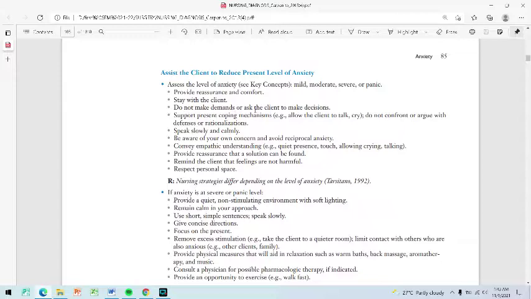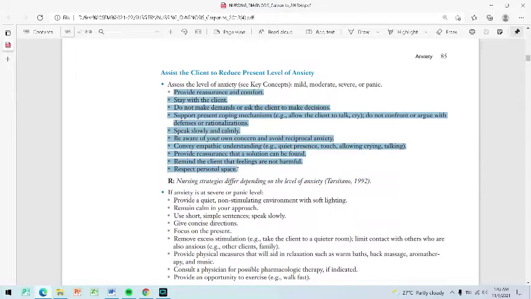Do not make any demands or ask the client to make decisions. So these are all nursing interventions, and it will not be difficult for students to create the nursing intervention because it's already written. You will just get what is applicable to your client. Okay, so next, let's check the nursing intervention.